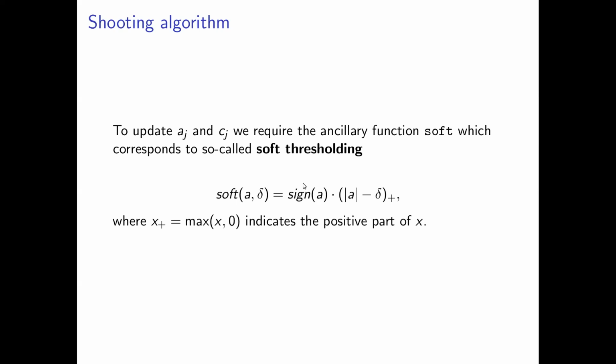Basically, this is the sign of the first of the two parameters coming in here times the absolute value of this first minus the second one, and of this second part we only take the positive part, which means anything which is 0 or less than 0 will be set to 0, and only the positive value remains.